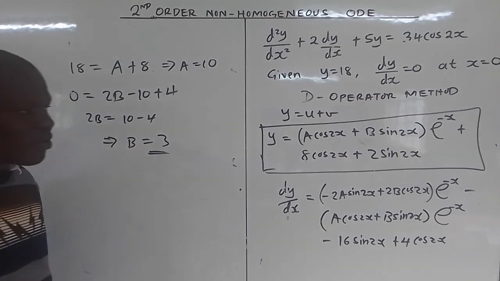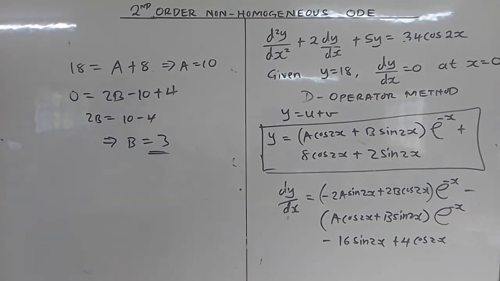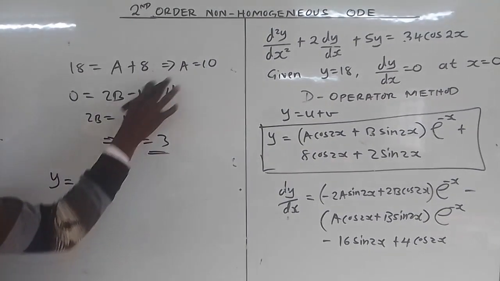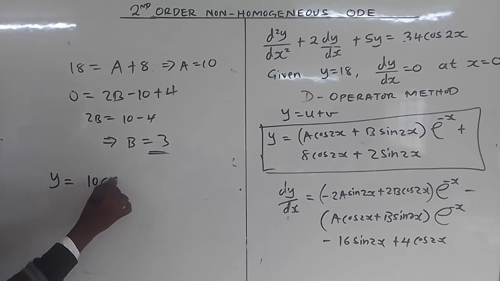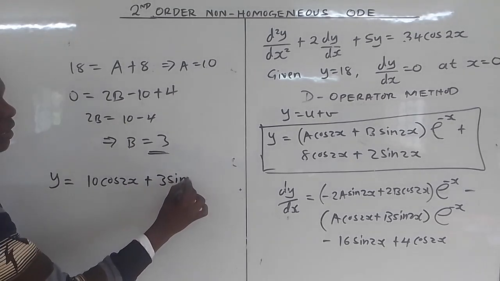Having found the values of a and b, ladies and gentlemen, it means you found the solution, isn't it? So the solution of y is what? It is a cos 2x, meaning it is 10 cos 2x. Are we together? It is 10 cos 2x plus 3 sine 2x.